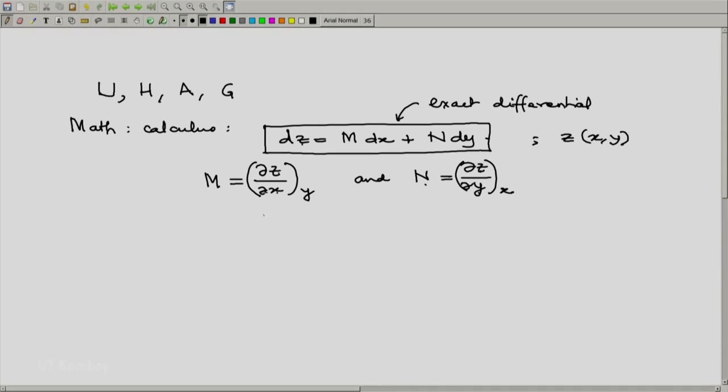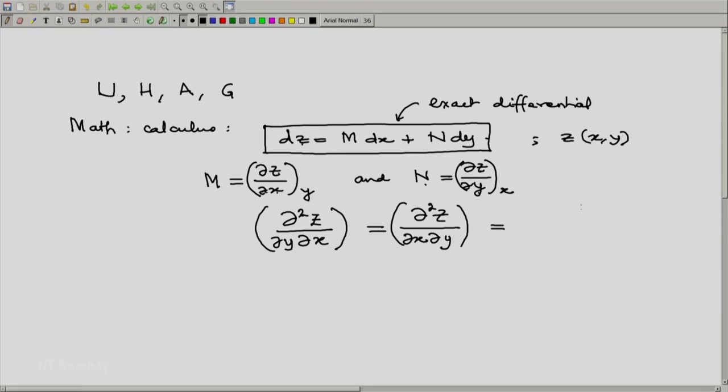That means whether you take the second partial derivative of Z first with respect to X at constant Y and then with respect to Y at constant X, this should equal the second derivative of Z first with respect to Y and then with respect to X.